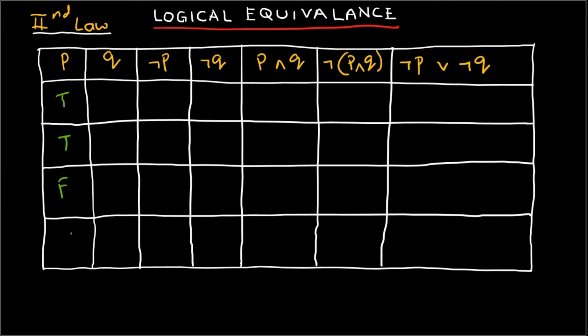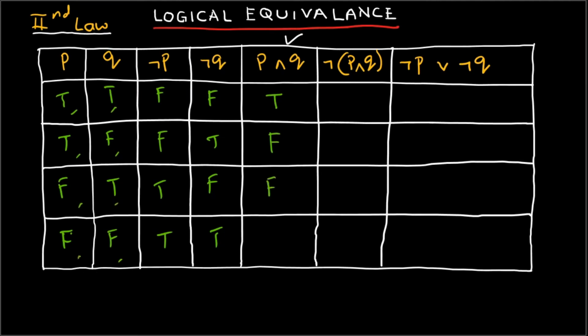Enter values for P, Q, not P, and not Q. Then evaluate P and Q, which is true whenever column P value and column Q value are true; all other entries are false.